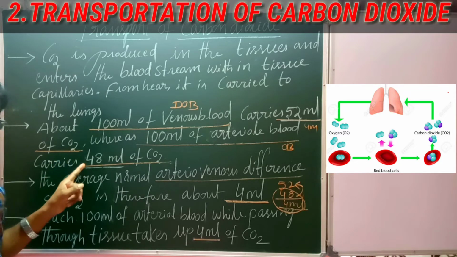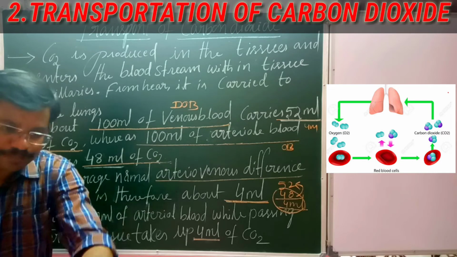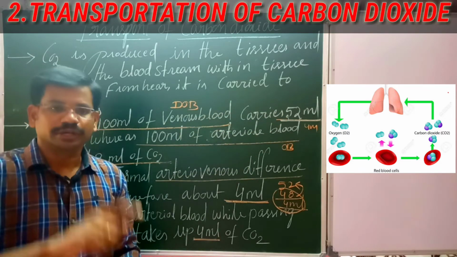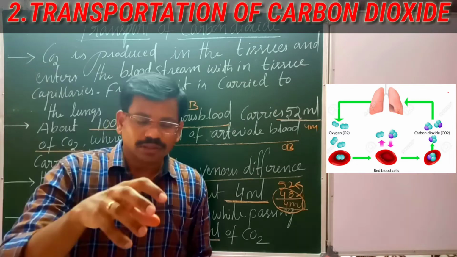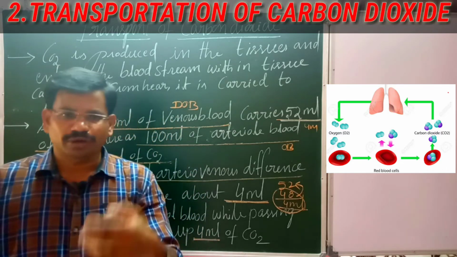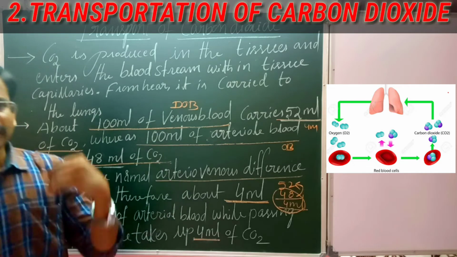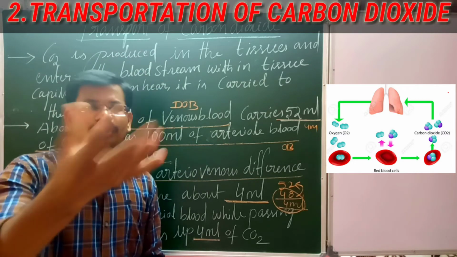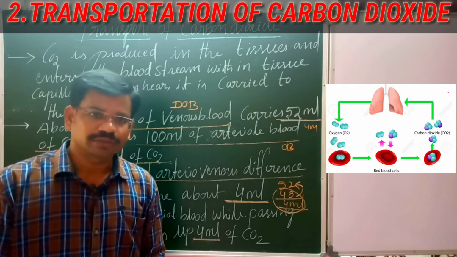This oxygenated blood again reaches the body cells and picks up 4 ml of carbon dioxide, and again it becomes 52 ml. That means in each cycle the blood will collect 4 ml of carbon dioxide from the tissues and leave 4 ml of carbon dioxide from the lungs to the outside atmosphere, right?